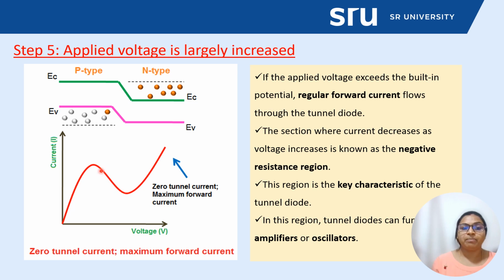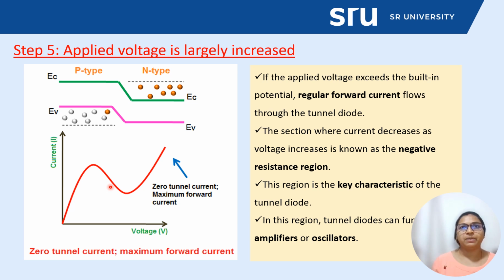This negative resistance region is the most important and most widely used characteristic of the tunnel diode. A tunnel diode operating in the negative resistance region can be used as an amplifier or oscillator. So this is a very interesting and very important key feature of the tunnel diode.